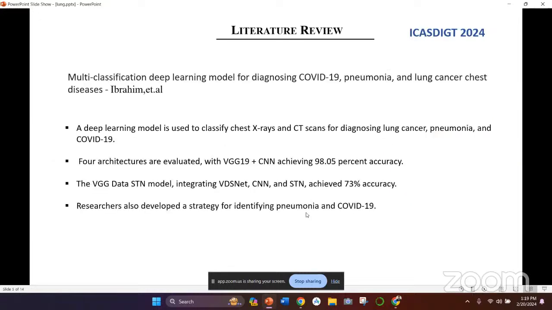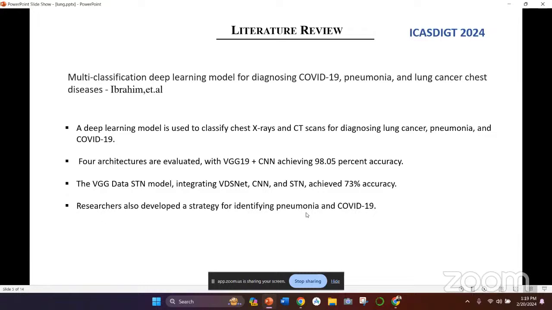Literature review. In this paper, the researcher proposed a multiple classification deep learning model for diagnosing COVID-19, pneumonia, and lung cancer. A deep learning model is used to classify chest X-ray and CT scan images for diagnosing lung cancer, pneumonia, and COVID-19.